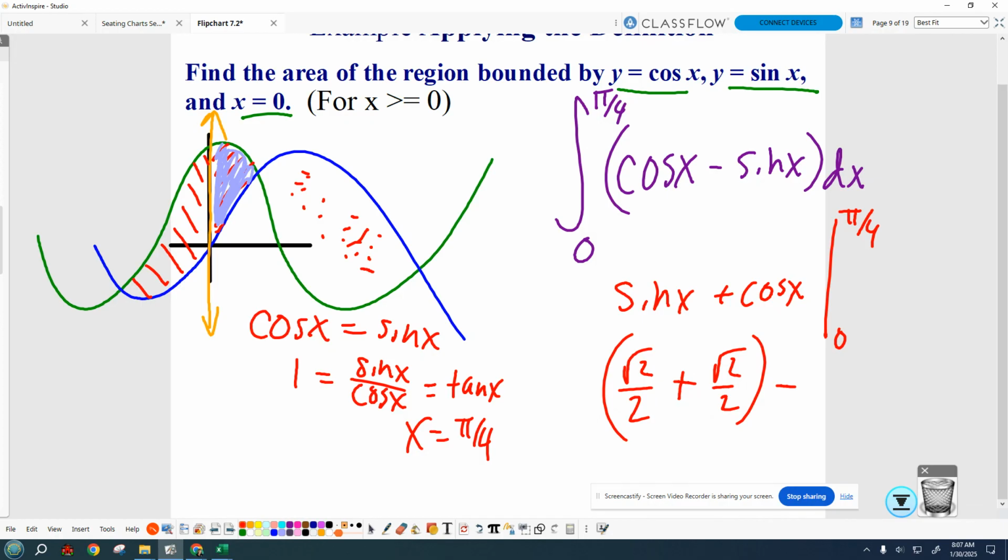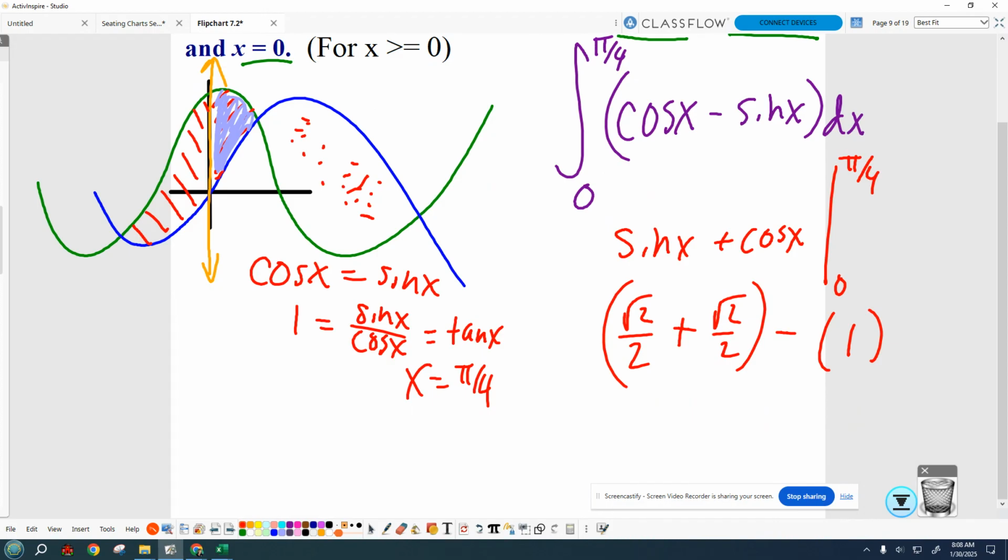Sine of 0 is 0, but what is cosine of 0? 1. Rookie mistake if you just said, oh, I don't need to plug in the 0. Root 2 over 2 plus root 2 over 2 is root 2. Okay. So root 2 minus 1, no need for a calculator.